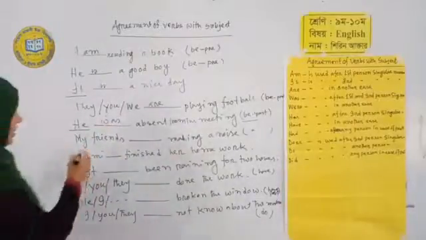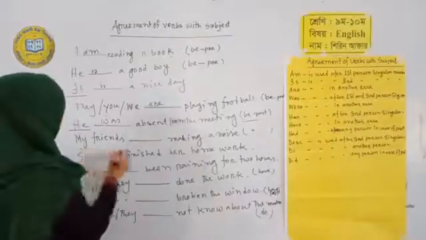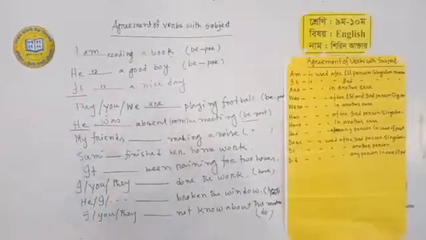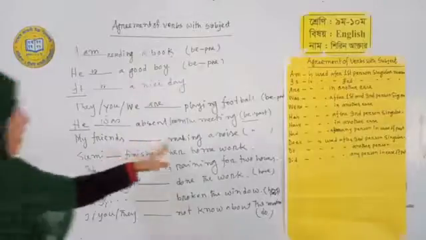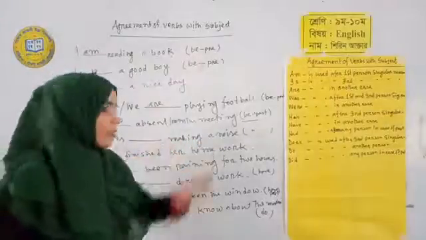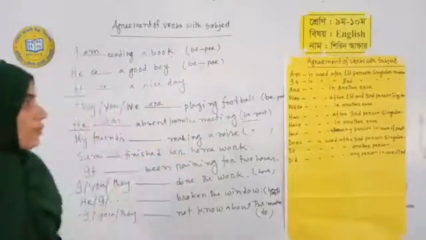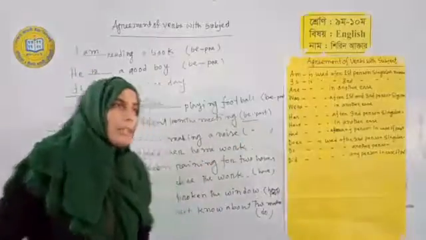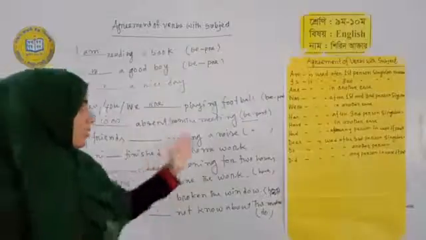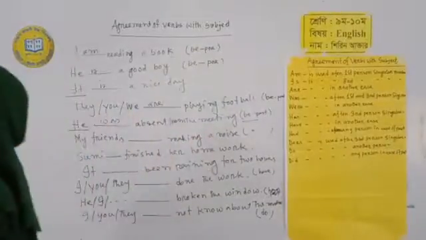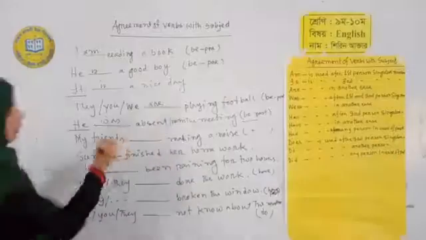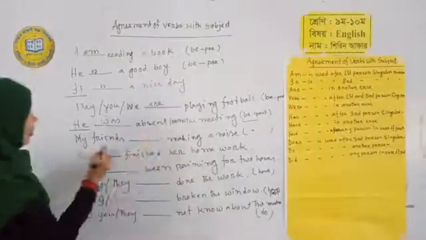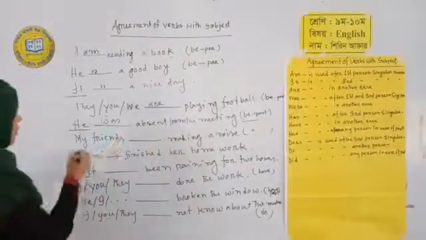Then our next example is my friends dash কি making a noise. Here if we use here be verb in the past form, এখানে যদি be verb-এর past form আমরা ব্যবহার করি তাহলে এখানে কি ব্যবহার করতে হবে, এখানে কোনটা was অথবা were, which one will be used, কোনটা ব্যবহৃত হবে.